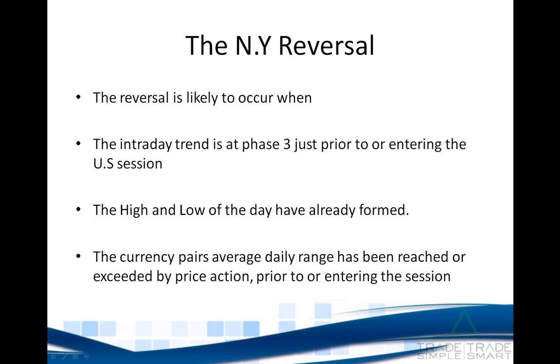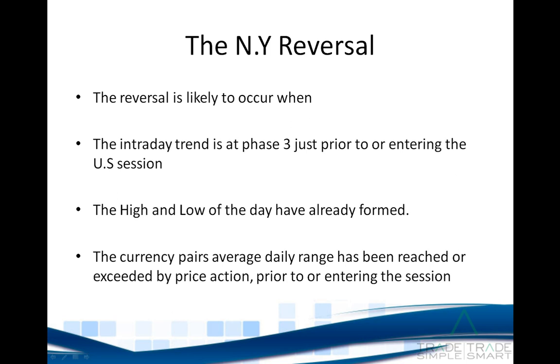In terms of the average daily range, if you have a currency pair with an average daily range of say 70, and before the New York open we see that the ADR is in and around the 68 to 75 mark, there's going to be a high probability that the New York session is going to reverse, because the average daily range of the pair has been met.